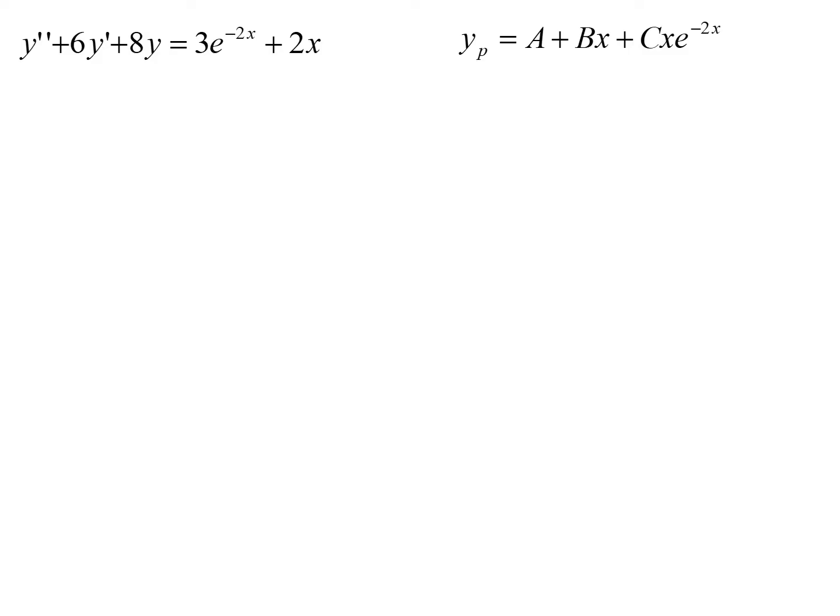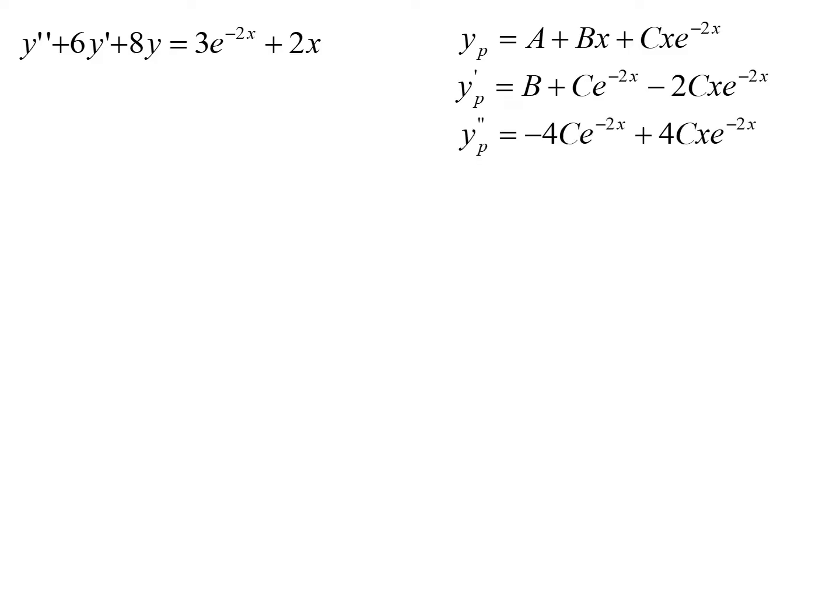To figure out a, b, and c, we'll take the derivatives of yp and plug them into the differential equation. So yp prime is going to be b plus c e to the negative 2x minus 2cx e to the negative 2x, if we use the product rule on that last term. And then yp double prime will be negative 4c e to the negative 2x plus 4cx e to the negative 2x. We'll plug these into the differential equation.